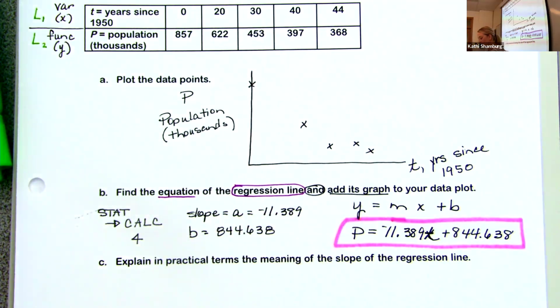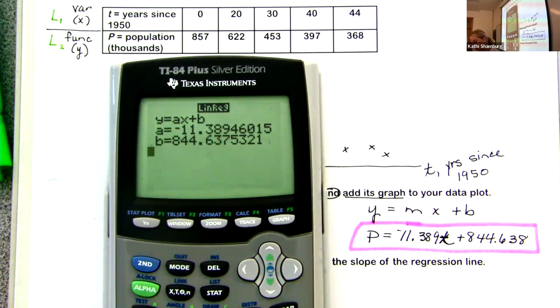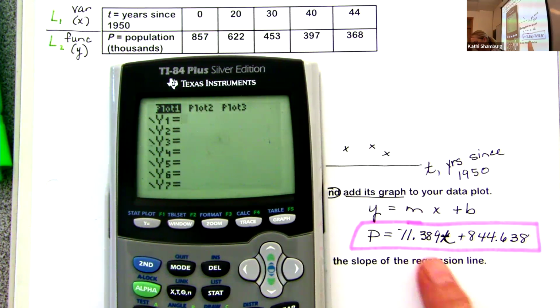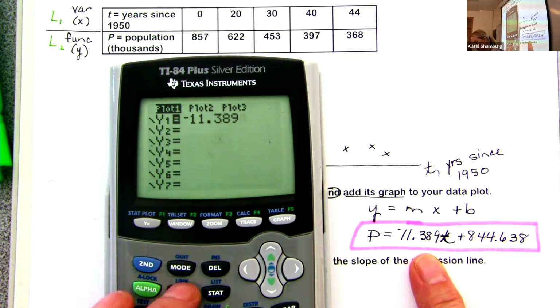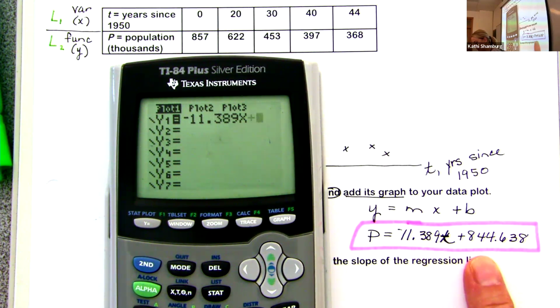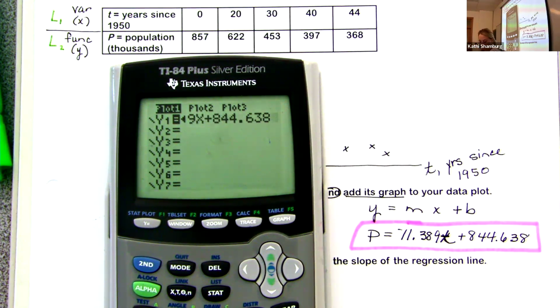All right, so where do we go put this? Okay, so I'm going to go to y equals negative 11.389x plus 844.638. And then what? Graph.